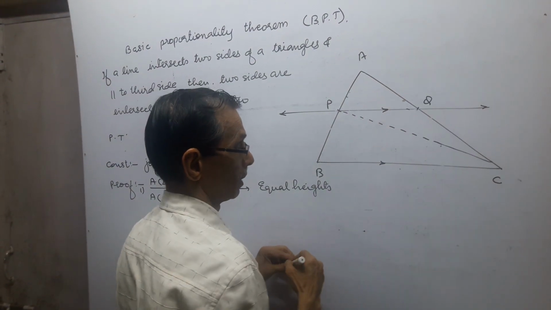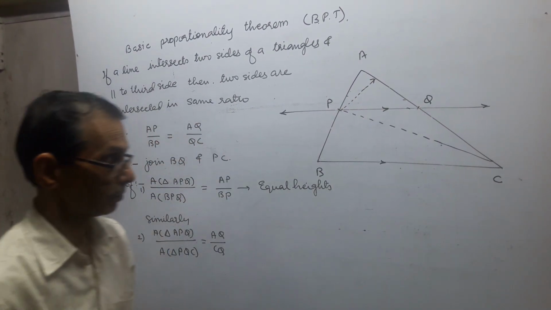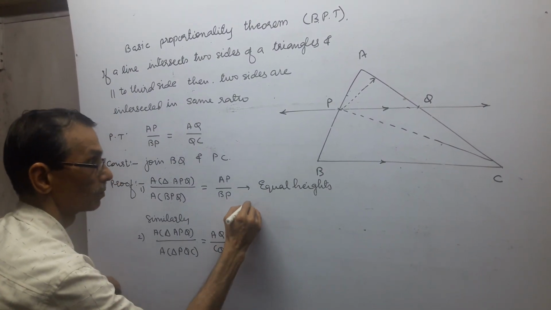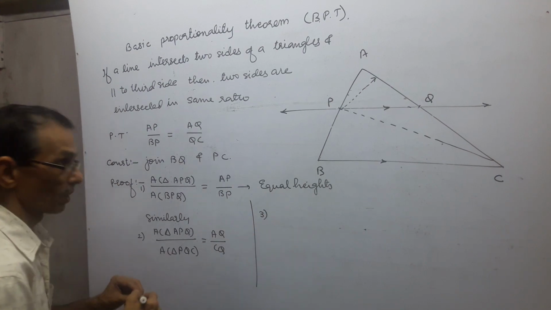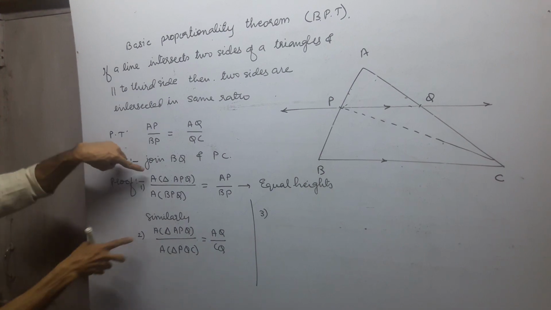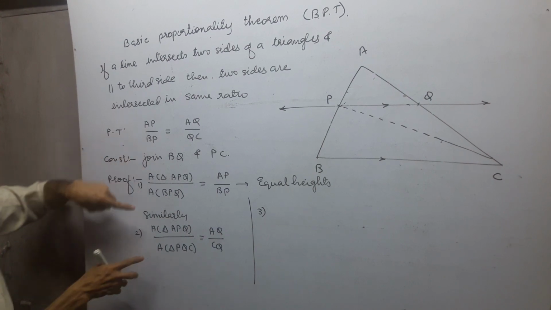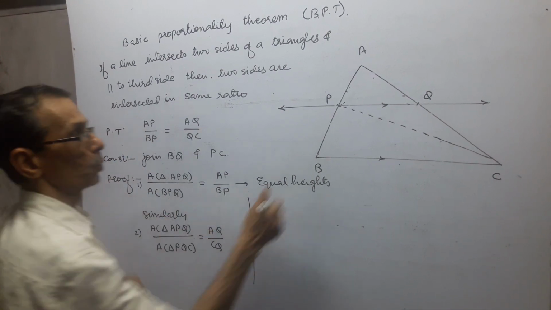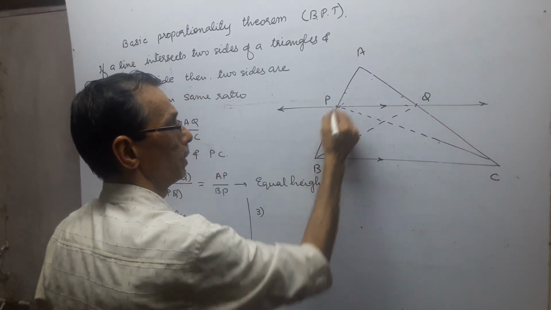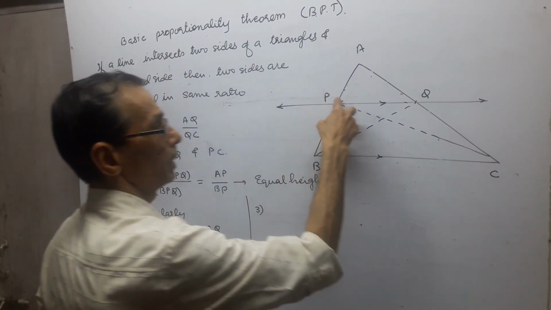Because this time this is the height. And therefore, now you find in the first statement and second statement the numerators are the same, APQ, APQ, but the denominator here is BPQ and here the denominator is PQC.